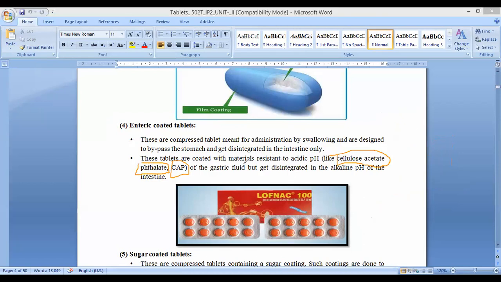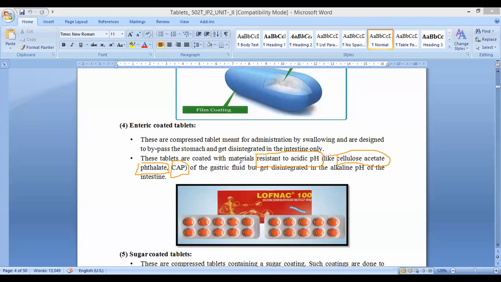So I repeat again, the polymers or materials which are used for enteric coated tablets are resistant to acidic pH, and the example is cellulose acetate phthalate. Many a times this question has also been asked in competitive exams such as GPAT. So you should know that CAP is one of the materials which is largely used for enteric coating of the tablets.